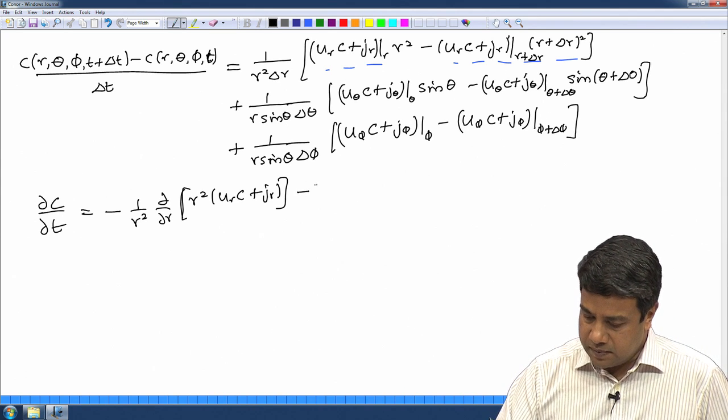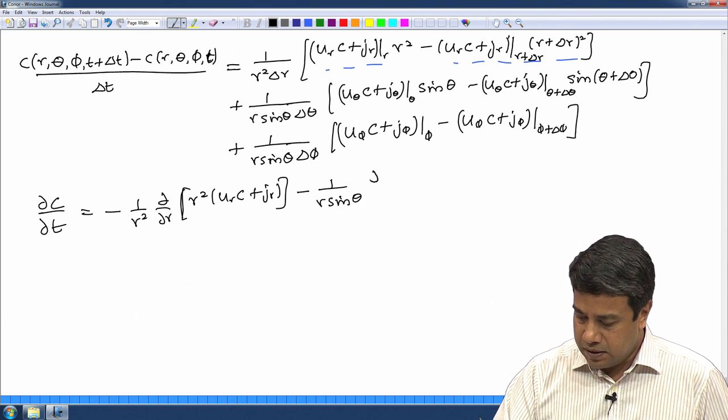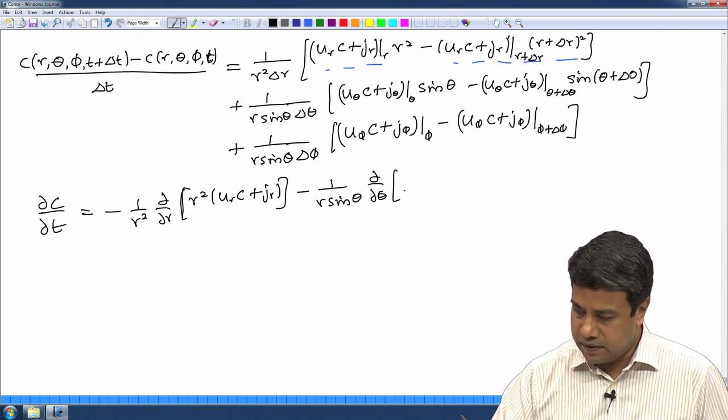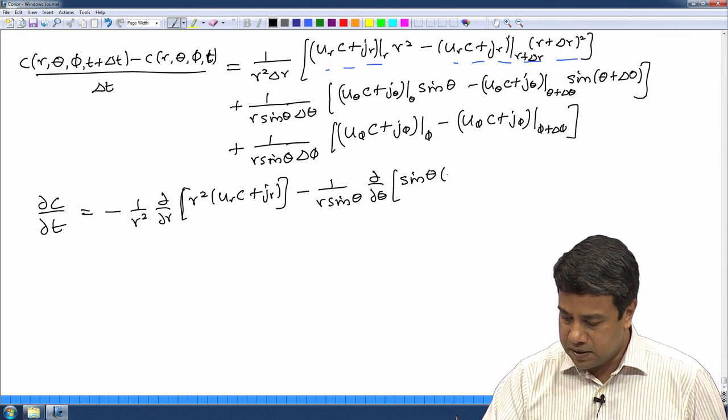The second term is minus 1 over r sin theta, d by d theta of, I have a sin theta within the brackets, times u theta c plus j theta.